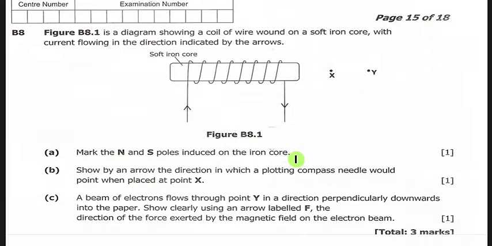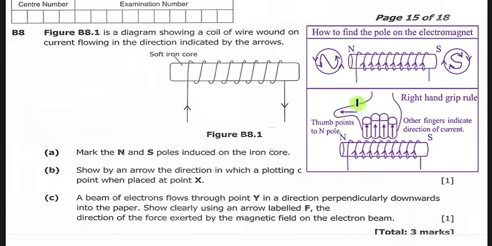Now here we are going to use the right hand grip rule for us to mark which one will be south and which one will be north on these two ends of this iron core. With the right hand grip, the fingers are coiled in the direction of current. You see how these fingers are coiling, facing that way in the direction of this current, because current is going like that, and even here it will be like that everywhere.